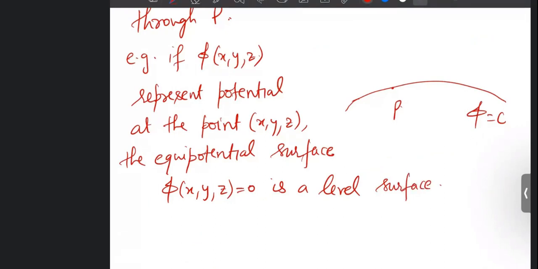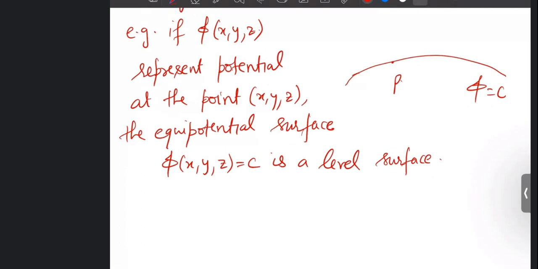We consider an example of the potential. If phi represents the potential at any general point, then the equipotential surface will become phi(x, y, z) equal to c, not 0, it is c.